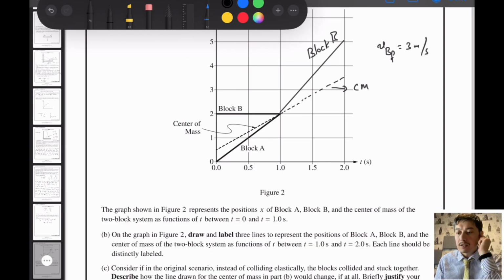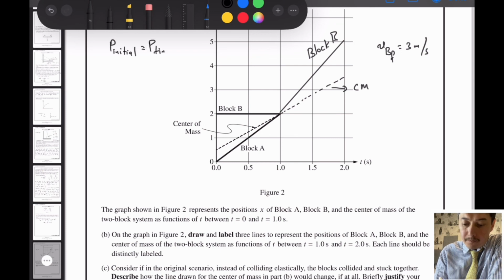We have to calculate the velocity of block A after the collision to be able to draw the line in this graph. So let's use the concept of conservation of momentum. Initial momentum is equal to final momentum.